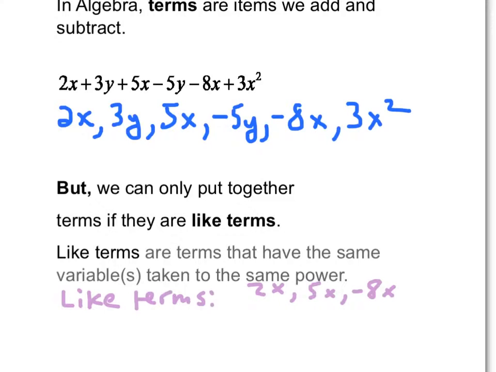And then we also have two terms that have y's in them, also to the first power. So we'll consider those y terms to also be like terms with each other. Negative 5y would be the other like term with the 3y. And the one term that doesn't have a like term is this 3x squared term.